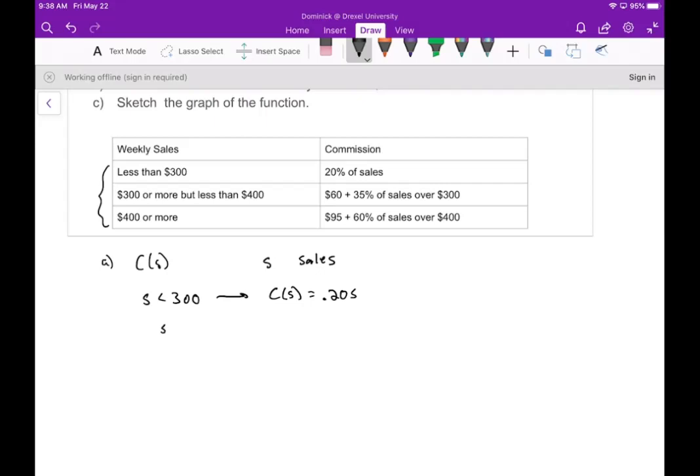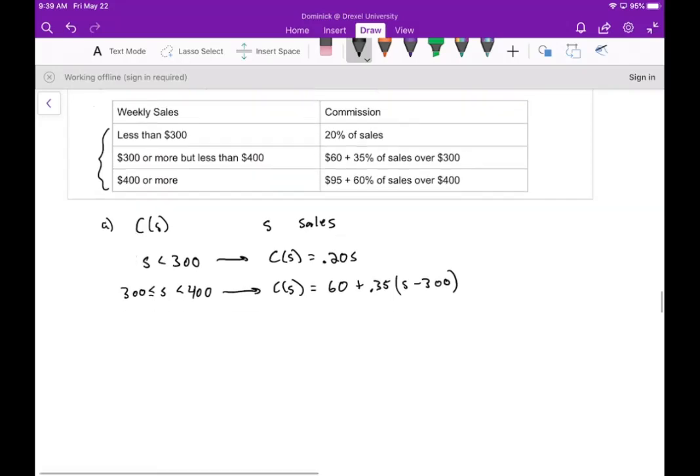Now, if S is 300 or more, but less than 400, then it's different. Then your C of S is 60 plus 35% of the sales over 300, right? So it's 0.35 times S minus 300, because it's just on what is over 300.